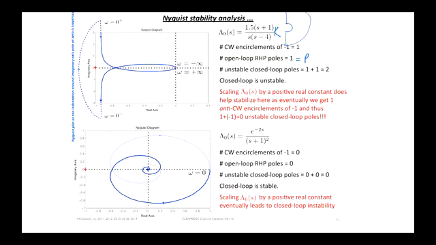Now, if you think about the phase of a delay, it's going to be the phase of e to the minus 2j omega. Well, what's that going to be? It's going to be minus 2 omega. So as we increase omega, the phase is going to keep getting more and more negative.